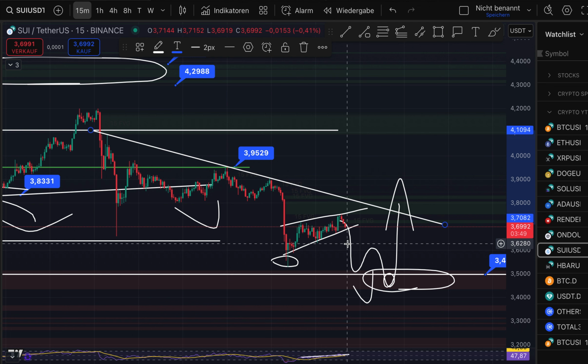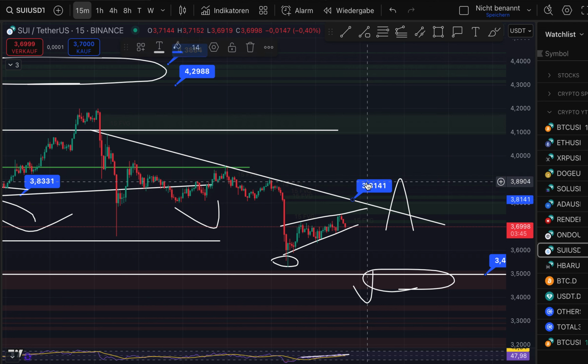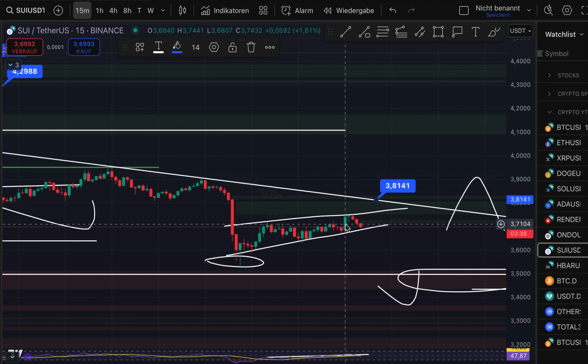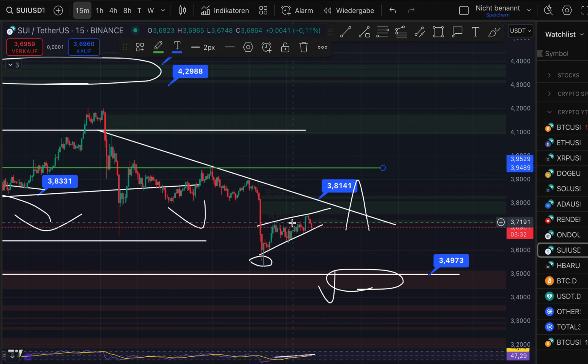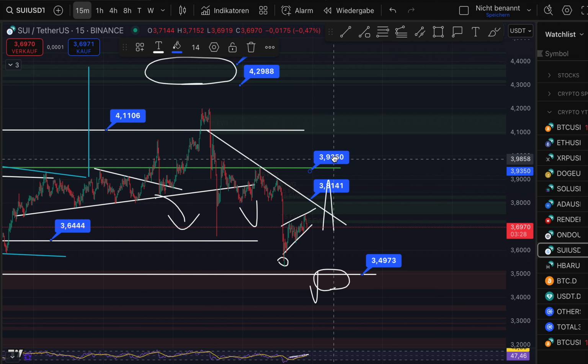Where is the breakout? Okay, currently $3.81. We have to break that to the upside. Then I would be positive for SUI. But the more important price mark is here, the $3.95.